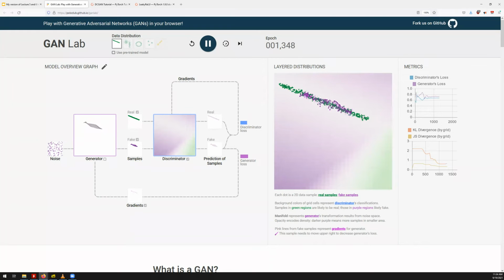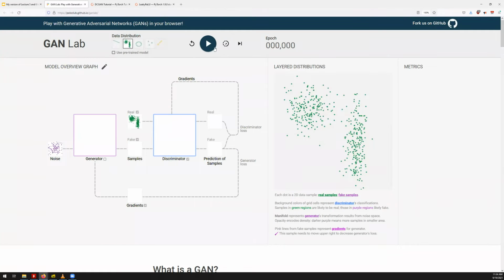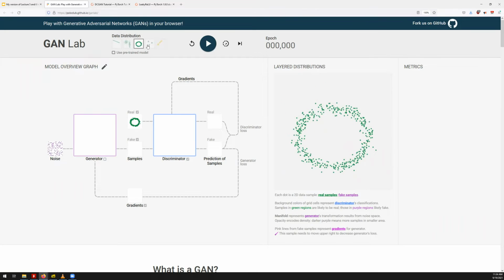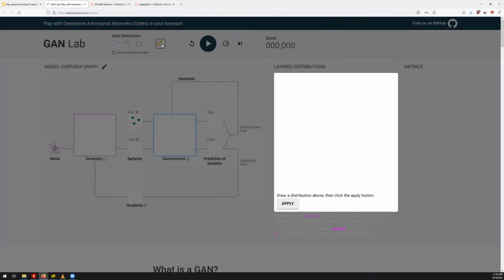So this is our real data, and with enough time, it matches up. And then the losses start to go together. They have different samples. This is the bimodal one. This is a ring one. This is the three modes one.